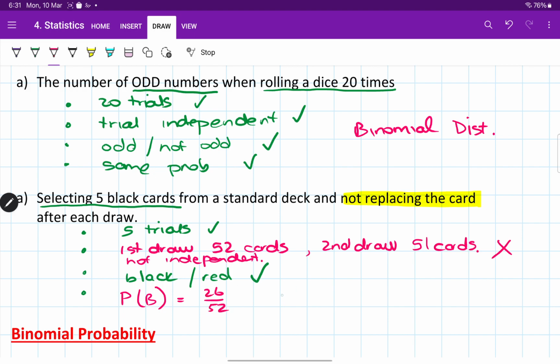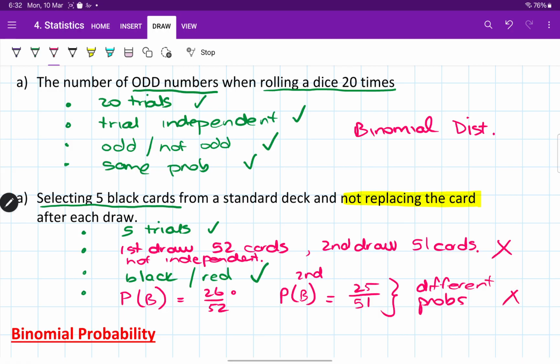Let's say I drew a black on the first trial. What's the probability of getting a black on the second trial? There's one less black, so there's only 25 blacks. There's one less card, 51 cards. So the probabilities are different each trial. So in this case, because of the lack of independence and the probabilities changing each time, that one is not an example of binomial probability.